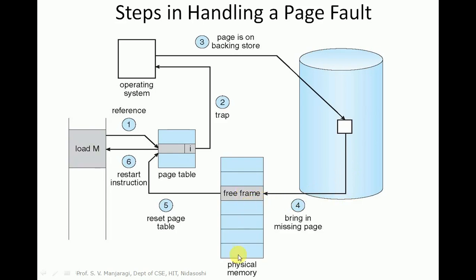Now the question is, if all the frames are allocated to processes, and no free frame is available, then where should the missing page that you brought from the disk be loaded into the physical memory? In this case, if no free frames are available to load the page brought from the disk, then we need to go for page replacement.